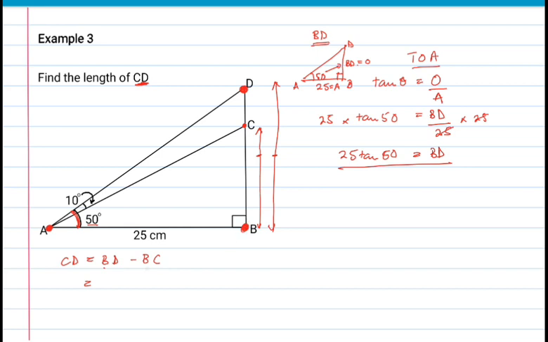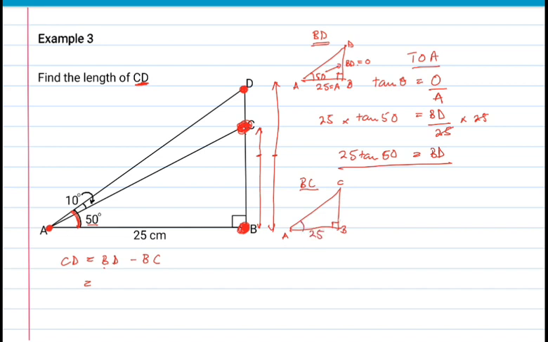So let's look at the other calculation. The other calculation is for BC. For the calculation for BC, let us have our triangle. For B to C, it is a smaller triangle. In that smaller triangle, we have BC, we have our C, we have our B, and we have our A. So for B to A, it's 25.